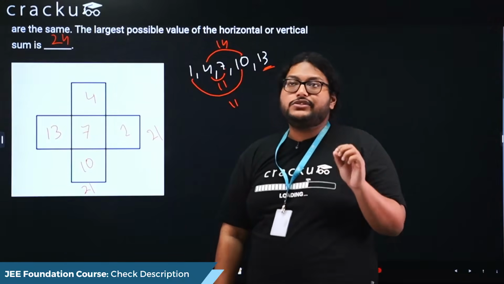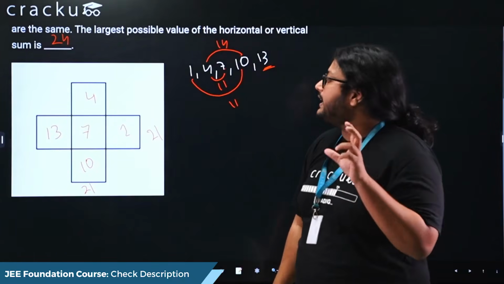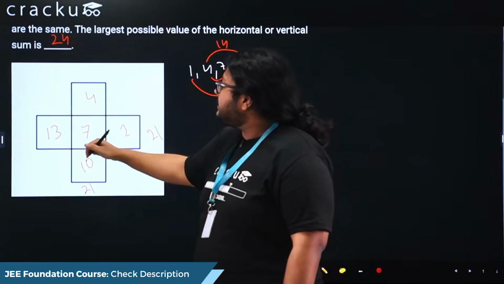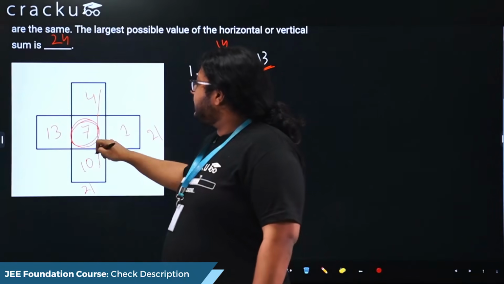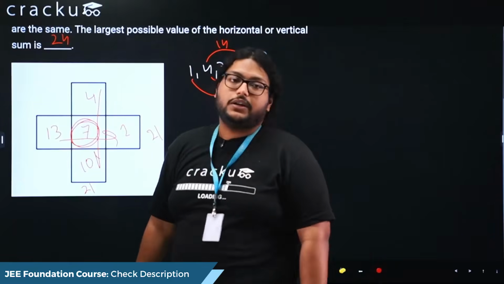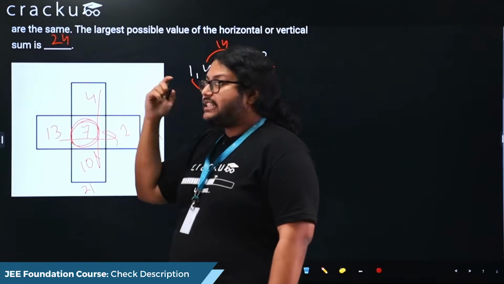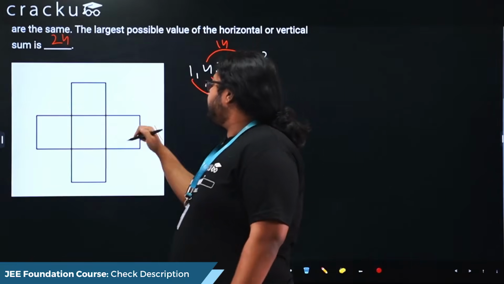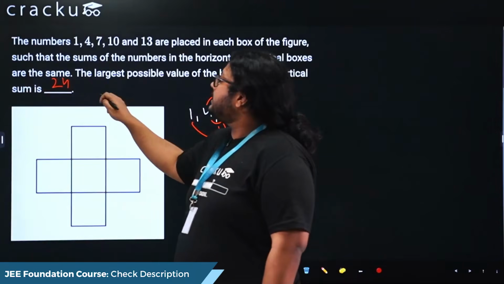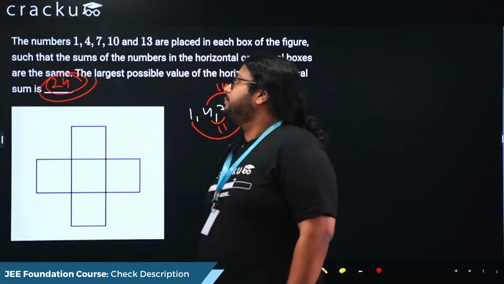The point is they want us to find the maximum. And when do we get the maximum? We get the maximum when I place 13 here, because only in that case this is working out, the largest possible value we are obtaining. So we place 13 at the center and the largest possible sum is 24.